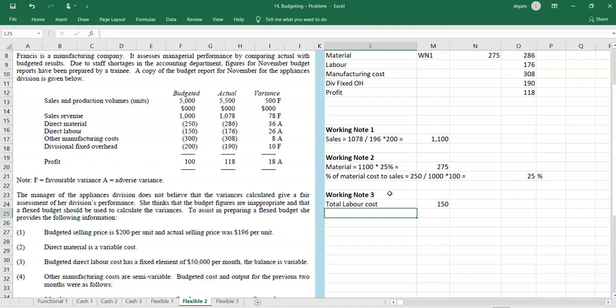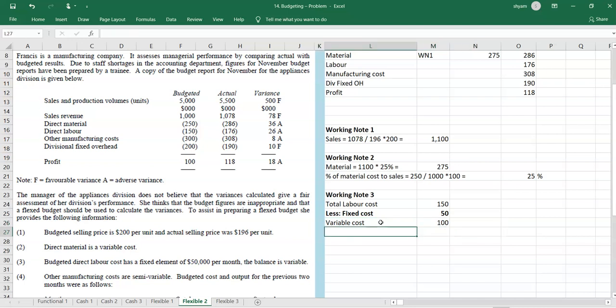Out of 150, we have to less the fixed element, which is 50. The balance is variable, so the variable cost is 100.